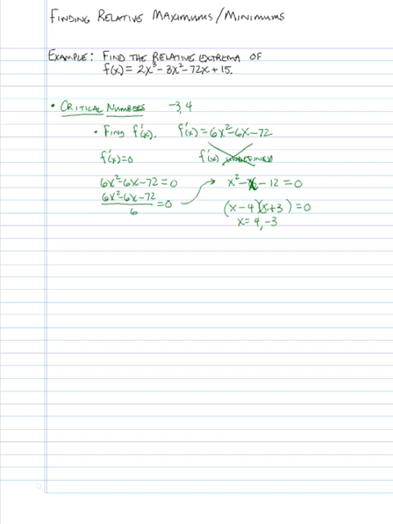The reason I wrote them that way is because the next thing we need to do is test for a change of sign of the derivative across the critical numbers.